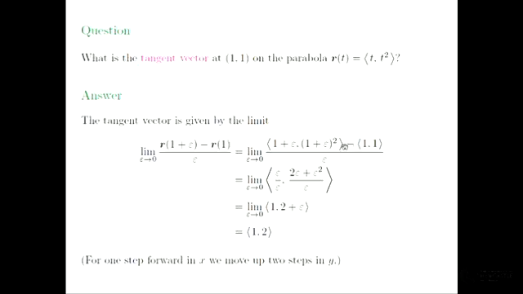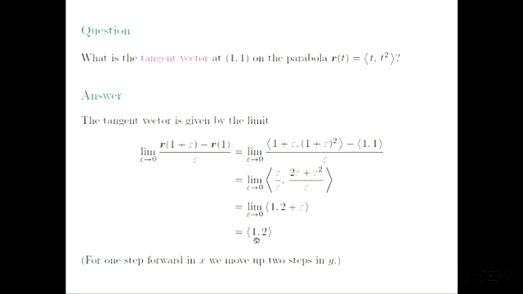If I subtract these two vectors, I'm going to get what? We take this t and we square it, so this is where we get (1 plus epsilon) squared. Here we get 1 plus epsilon. And if we subtract these, this expands to 1 plus 2 epsilon plus epsilon squared minus 1, so the 1 disappears. If we cancel here, we're going to have a 1 and a 2 plus epsilon. And this epsilon heads to 0. We get the vector (1, 2).